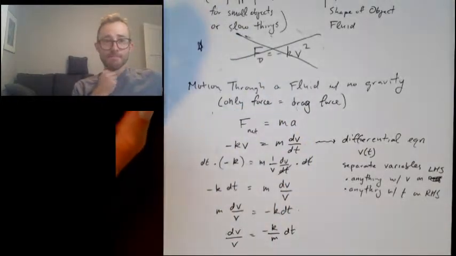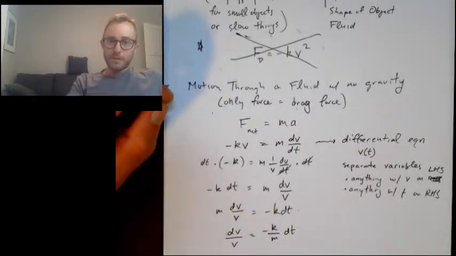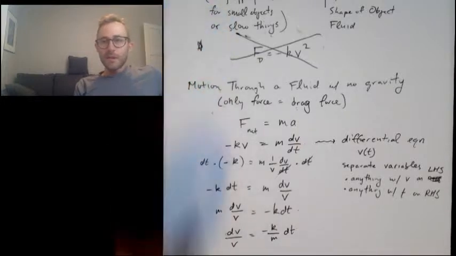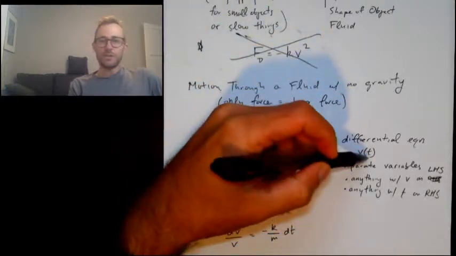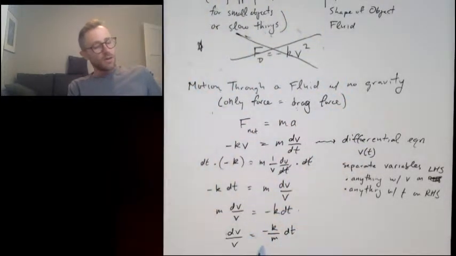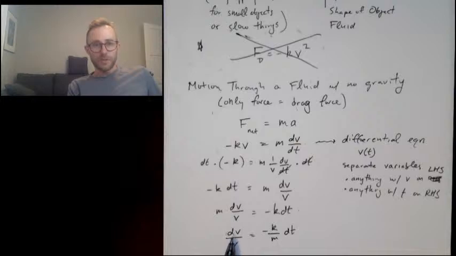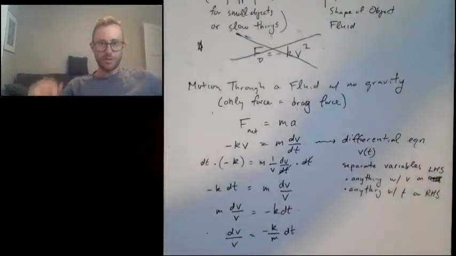All right? So this is a separated differential equation because the two variables, velocity and time, are on opposite sides. I don't have velocity on this side, I don't have time on that side. So they're on separate sides of the equation.